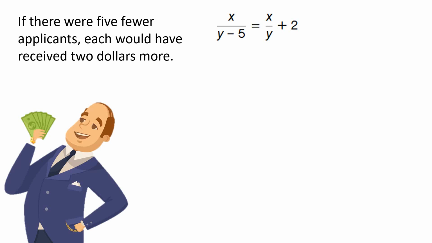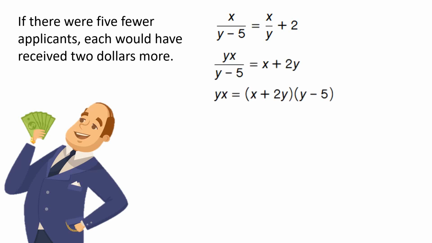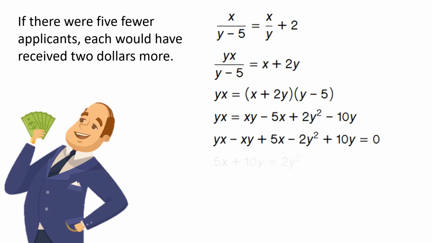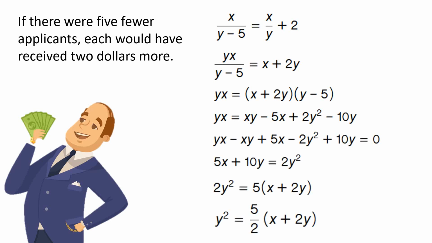Now we'll just rearrange everything and we get this equation, which is Y square is equal to 5 by 2 bracket X plus 2Y. I will explain the steps. So in the first equation, X divided by Y minus 5 is equal to X by Y plus 2.